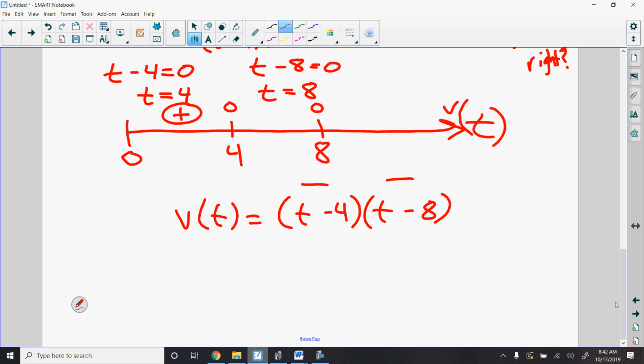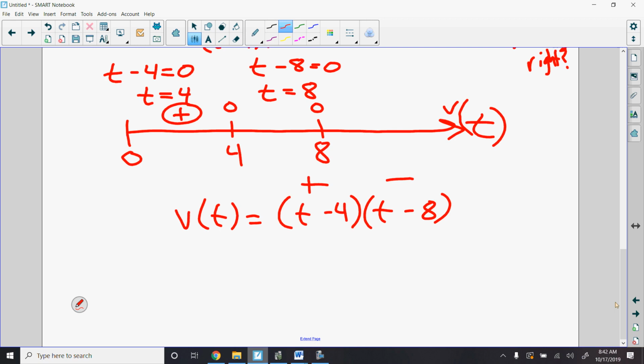I'm going to choose the number 5. All right, now I'm choosing this for t and plugging it into my equation. When I plug it in, I'm going to get 5 minus 4. 5 minus 4 is now a positive number, so I'm going to change that minus to a plus. And when I plug it into the second term, I'm going to have 5 minus 8.